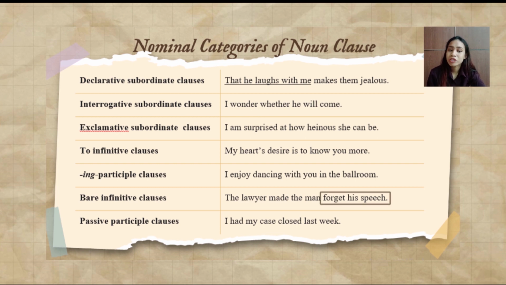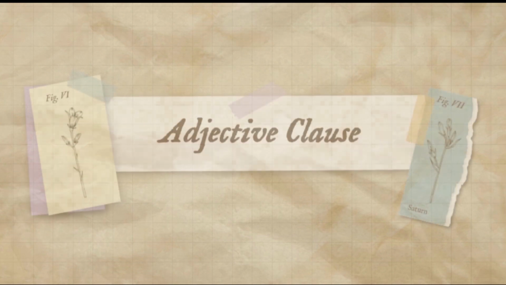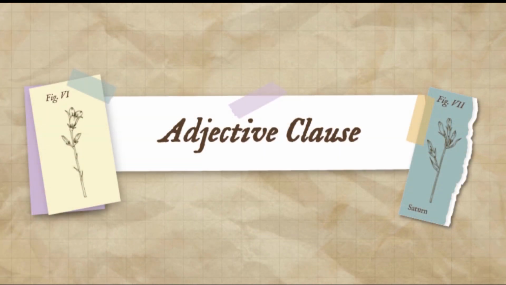Forget his speech here is the bare infinitive clause. Last one, passive participle clauses. I had my case closed last year. Closed last year here is the passive participle clause. Now you understand the nominal categories of noun clause.